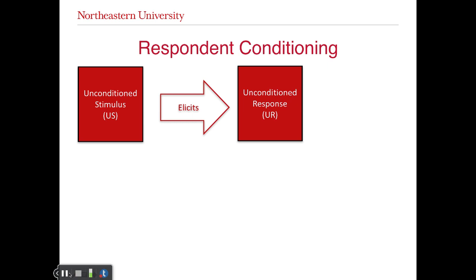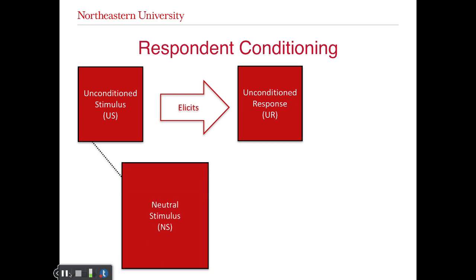So from that originally reflexive relation where an unconditioned stimulus elicited an unconditioned response, that unconditioned stimulus is paired with a neutral stimulus. This is typically a repeated pairing until that neutral stimulus becomes a conditioned stimulus.